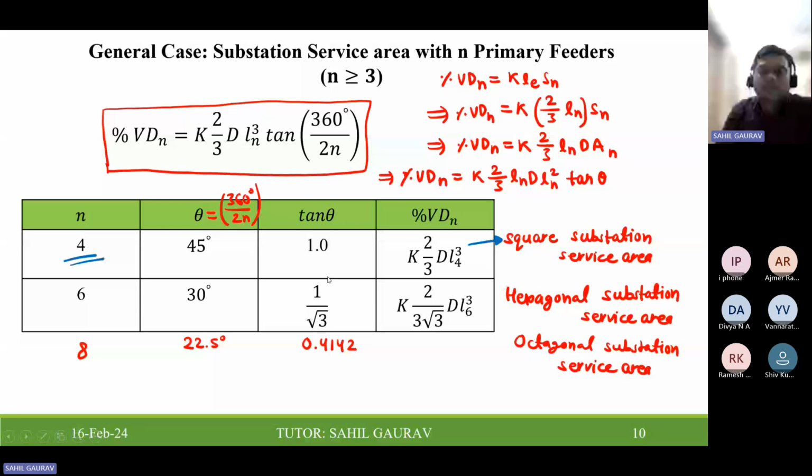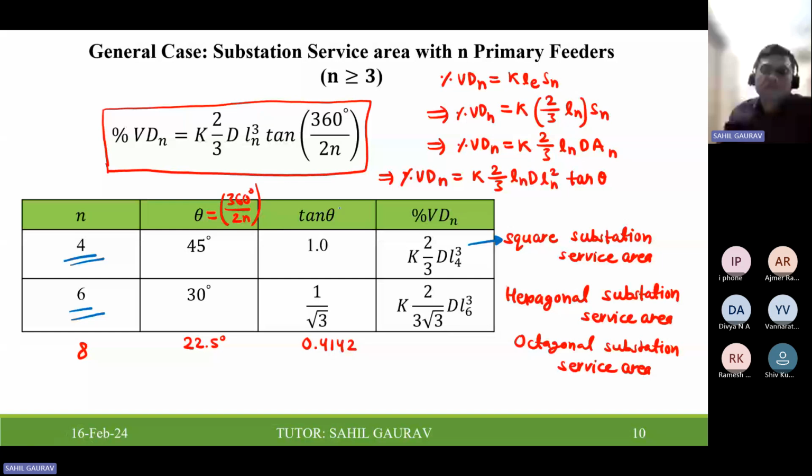Now if n equal to 6, meaning the number of primary feeders is 6, then theta will come out as 30 degree and tan theta will come out as 1 upon root 3. So this percentage voltage drop will come out in this expression, and this is for hexagonal substation service area.